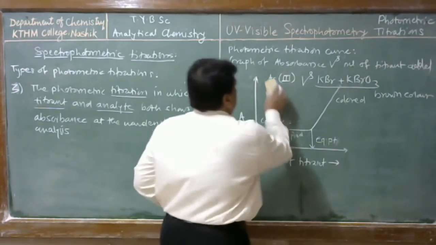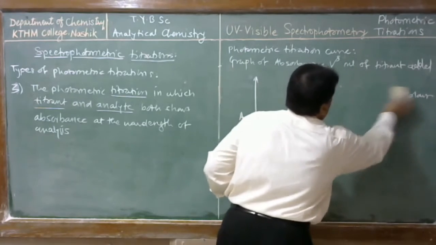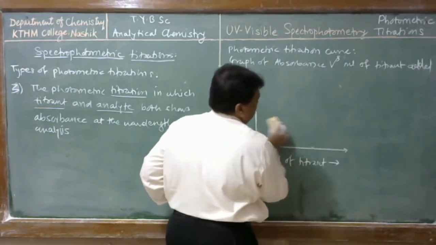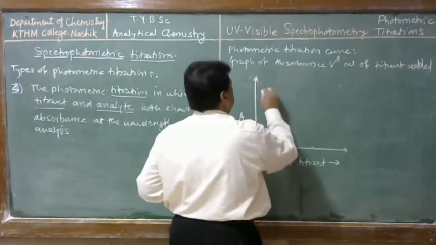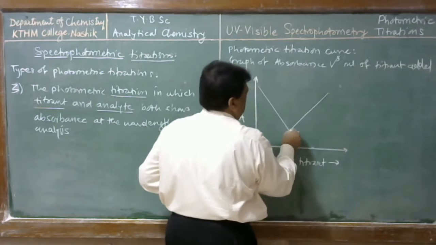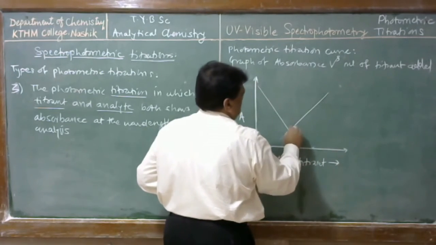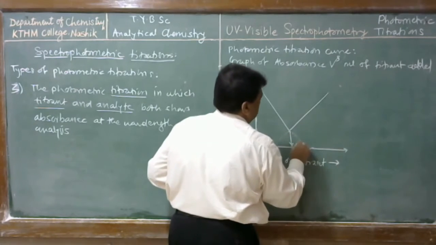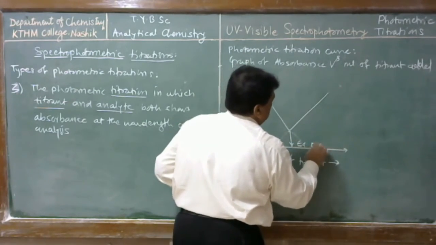Therefore, the photometric titration curve for such a reaction is a V-shaped titration curve. That means in this case, analyte as well as reagent are both colored, or both show absorbance at the wavelength of analysis.